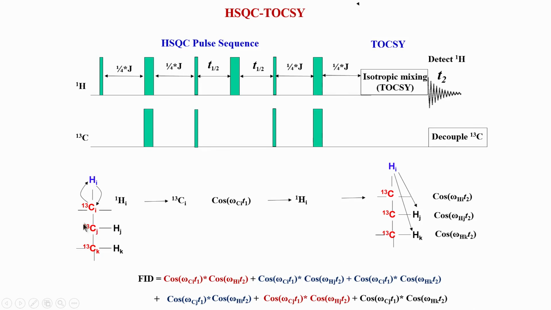So, let me write this here. Suppose we focus on this pair, this hydrogen is correlated with this hydrogen because of TOCSY. The TOCSY is helping us to correlate this proton to this proton. Now, this is what is shown in this picture in the bottom line. So, we are looking at this pair.